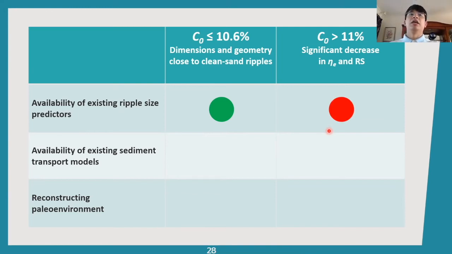So the predictors of ripples need to be improved by incorporating the influence of clay. And again, with an initial clay content lower than 10.6%, the ripple steepness was similar to the clean sand ripples.